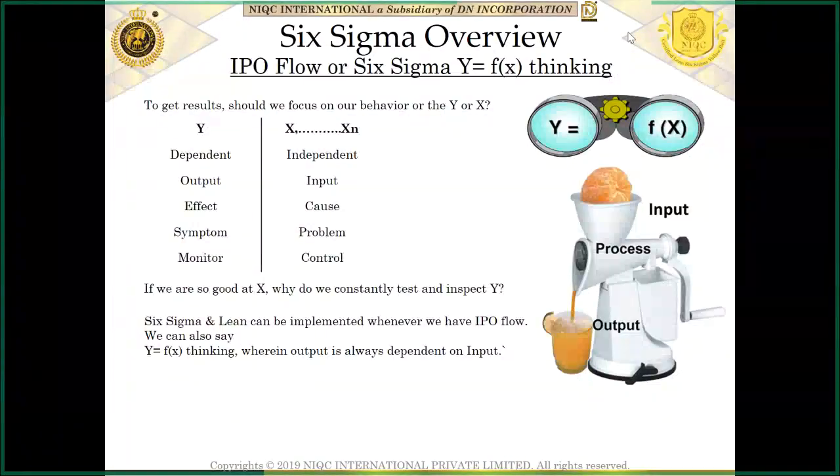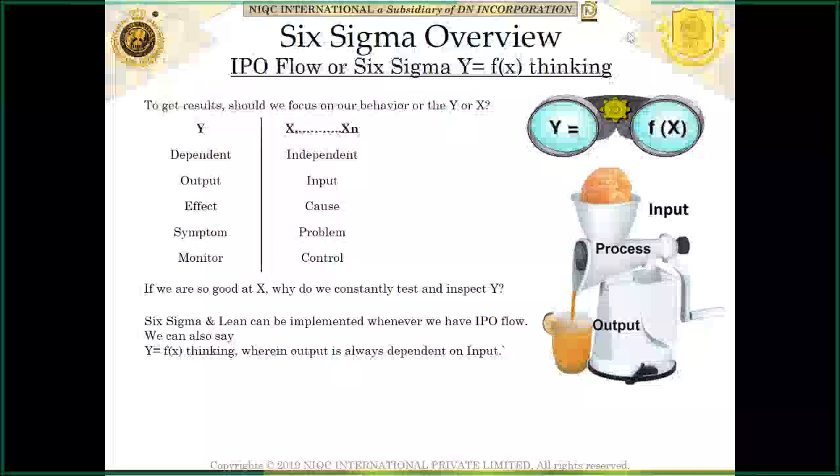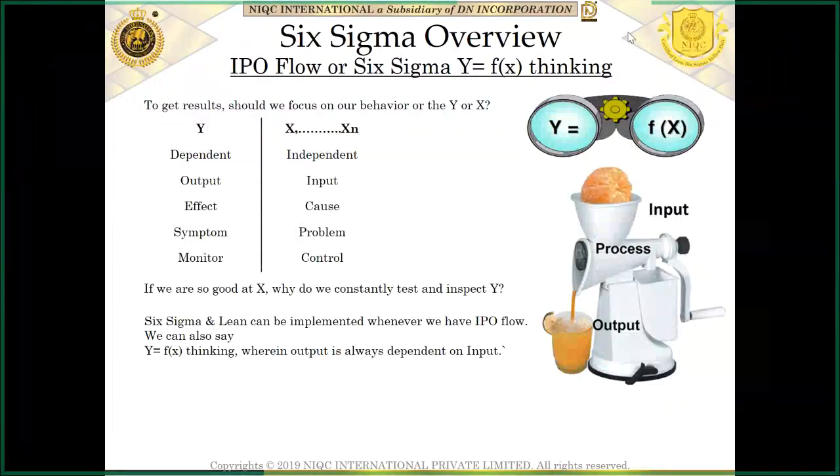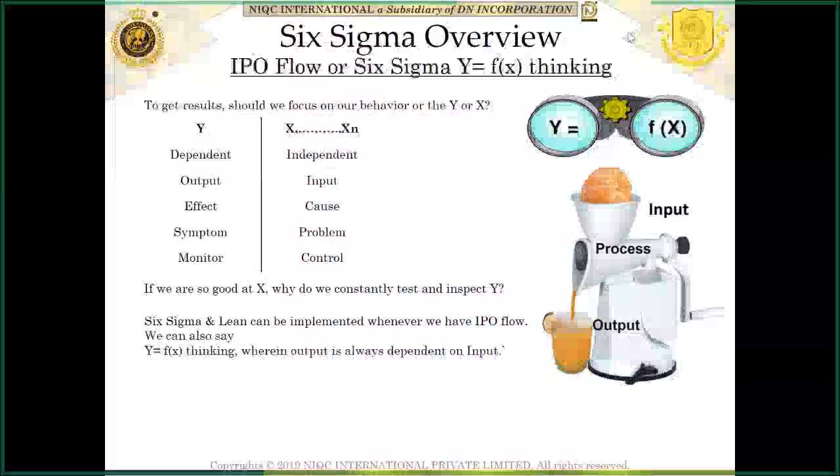Then you have a process of checking your documentation, verifying, coming to your house, checking the CIBIL score, and then the output is your loan amount, which is processed. Everywhere we have an IPO flow: input, process, output. If you have that, you can apply Lean Six Sigma.